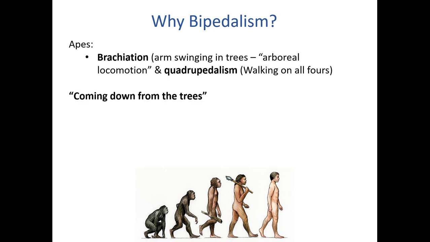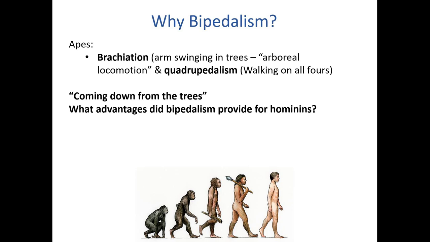So there's this idea that somewhere early in human evolution, a population of our last common ancestor had to come down from the trees for some reason, whether this be an environmental change or maybe a split of the population, some other geographical disturbance. For some reason, it's thought that these ancient apes had to come down from the trees and start walking. So the question is, what advantages did bipedalism provide for hominins?